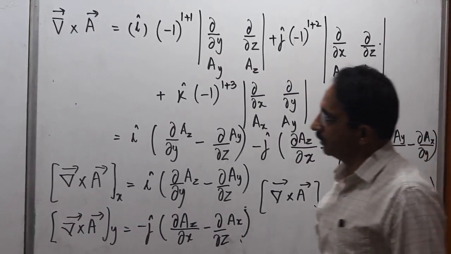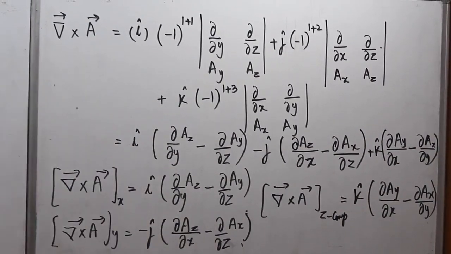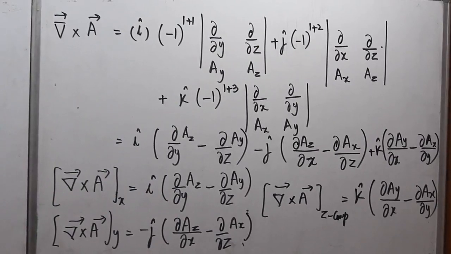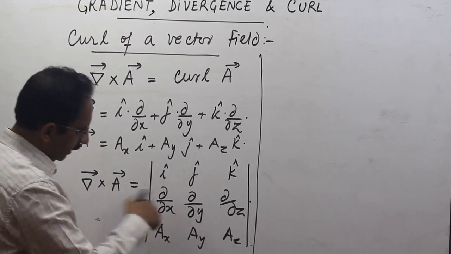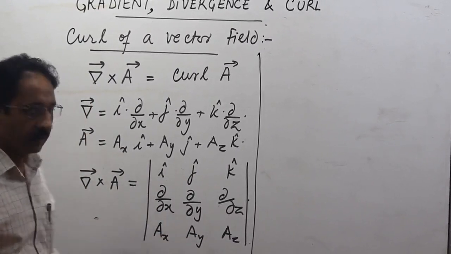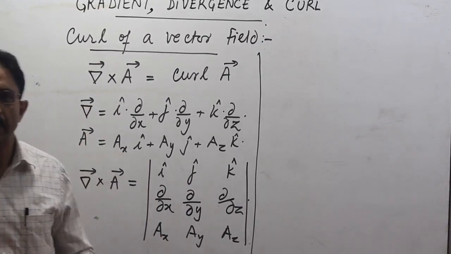So by this operation you understand that given a vector and you have to find its curl, use this determinant for finding the curl, substitute the components of the vector and substitute the components of the nabla or del operator, you get the curl.